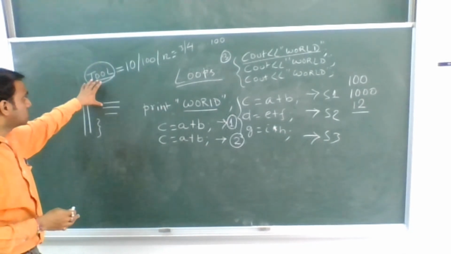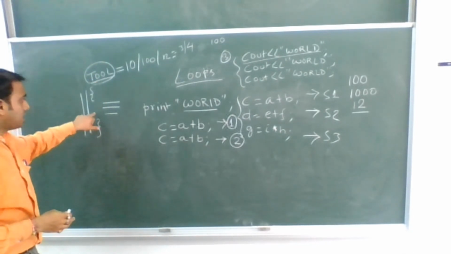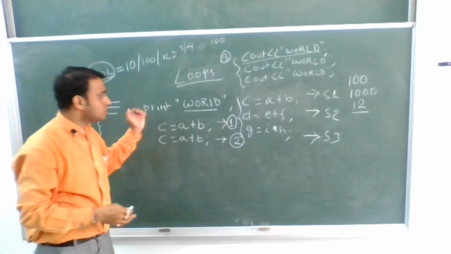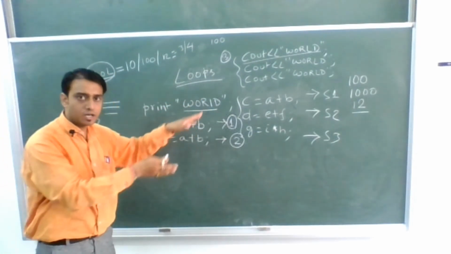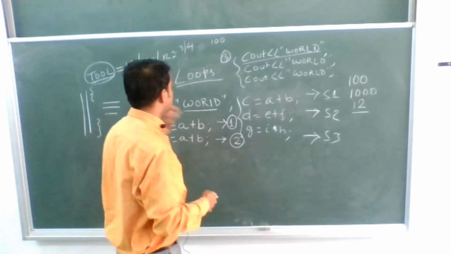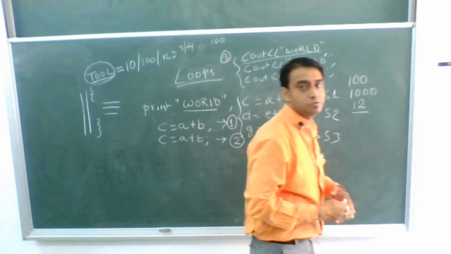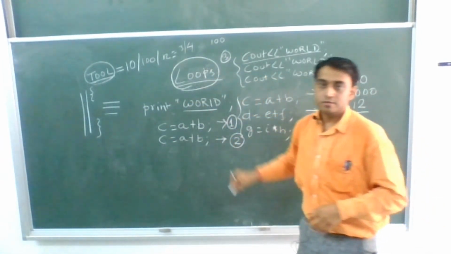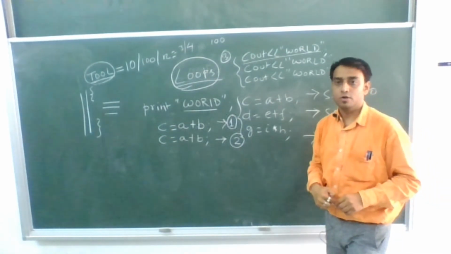So this is the tool which is actually used to execute the same sequence of statements or the same statement more than once, right? This tool in our programming methodology we call a loop. This tool is known as my loop.